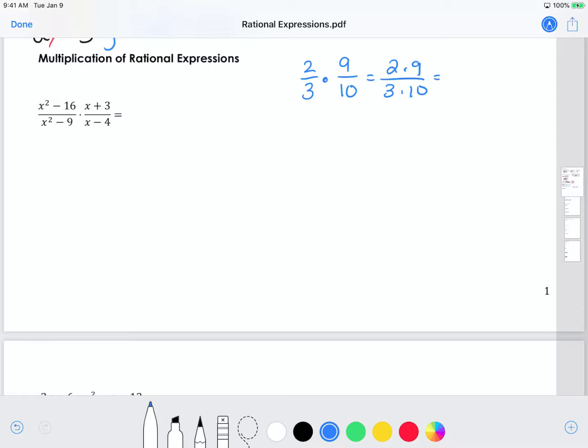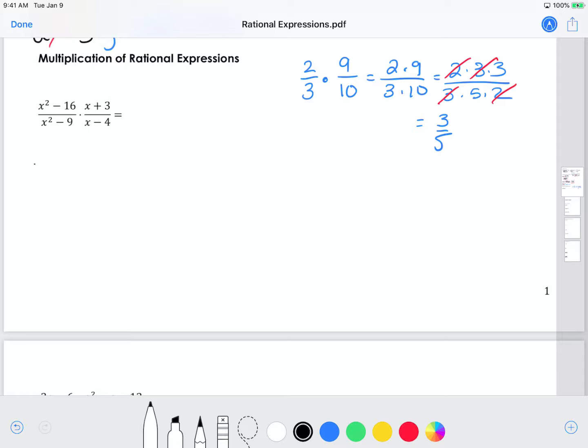If I factor the numerator, I would have 2 times 3 times 3, and in the denominator, I would have 3 times 5 times 2. Anything that they have in common, I can cross off. So I can cross off the 2, and I can cross off the 3 in the numerator and the denominator. My final answer would be 3/5. This is exactly how we're going to go about multiplying rational expressions. We're going to factor everything, combine the tops, combine the bottoms, and cancel out what they have in common.